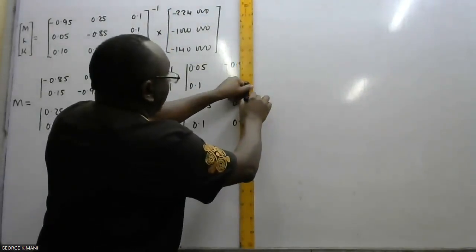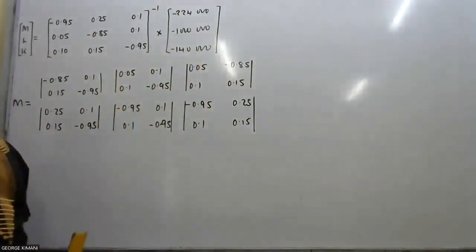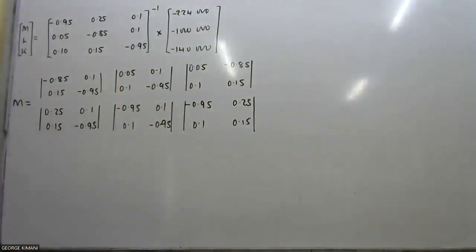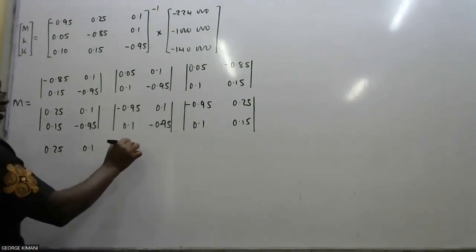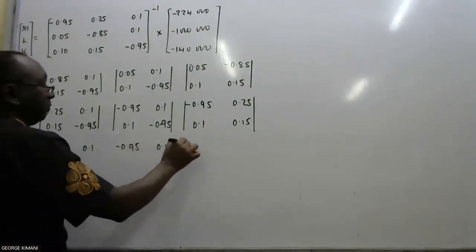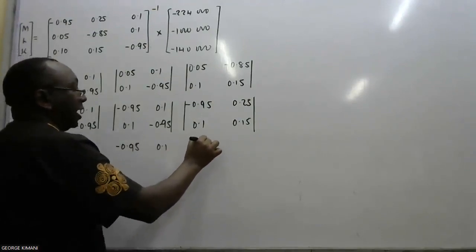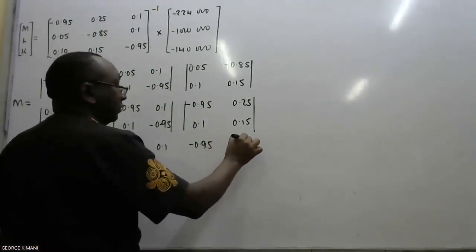Because I know I have done the right thing, and I also know they alternate. Here, you skip one, you get it here. So the other one, this one, I will be getting it here. So I'll just copy 0.25, 0.1, minus 0.95, 0.1, minus 0.95, and 0.25.